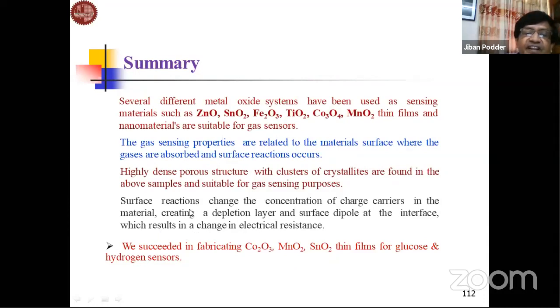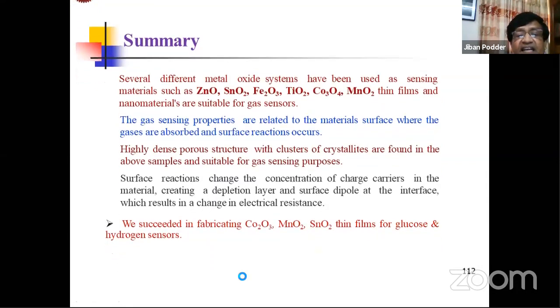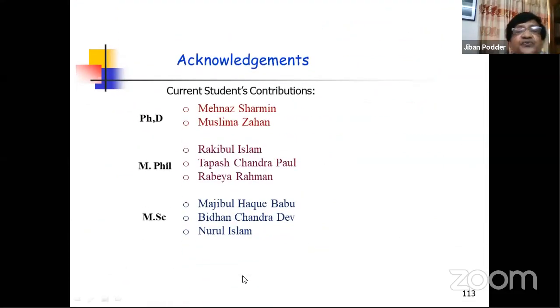So first, the molecules interact on the surface interface, creating a change of the depletion layer, and due to that, the dipole moment develops at the interface, which changes the electrical resistance. We succeeded in fabricating cobalt oxide, manganese oxide, tin oxide, titanium dioxide, and iron oxide for sensing purposes, and they can be used as sensors.